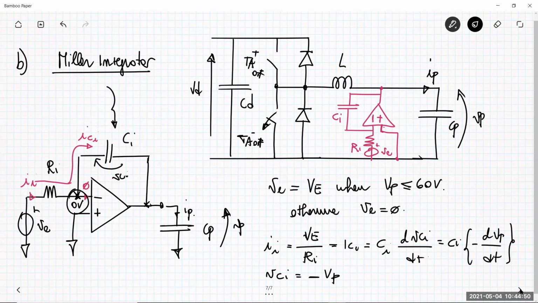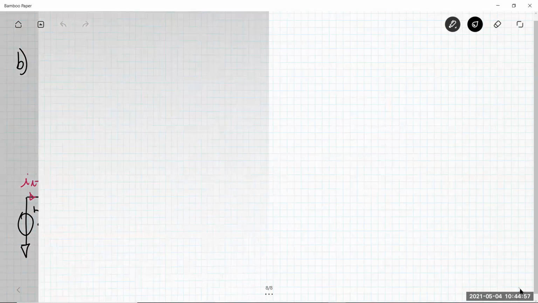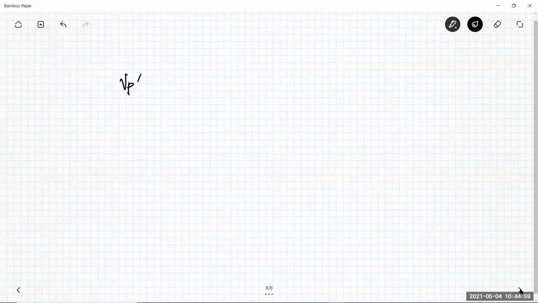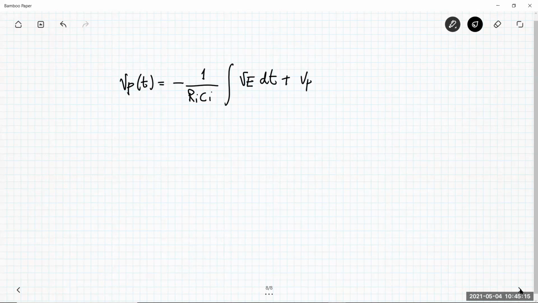From this expression, I can derive VP, the output voltage. So VP is negative 1 over RICI, the integral of VE dt, plus the initial voltage across the capacitor.